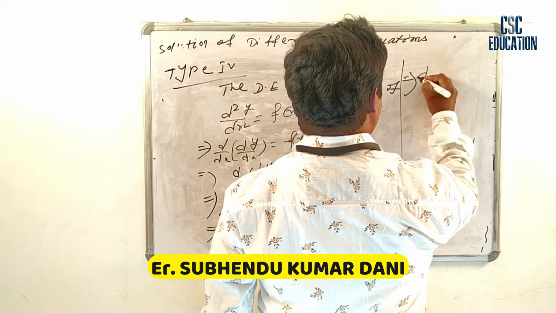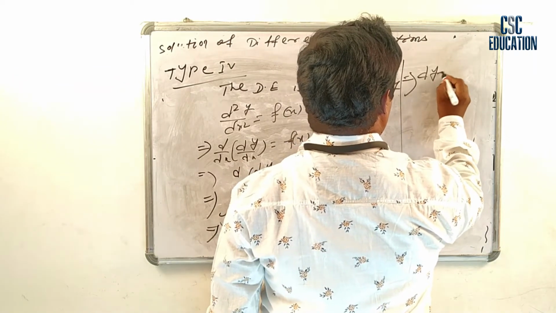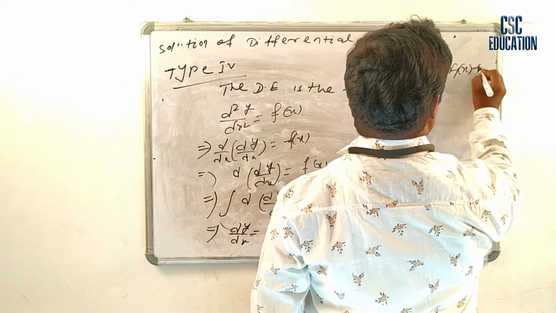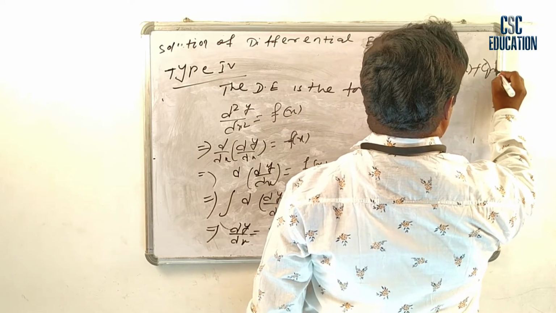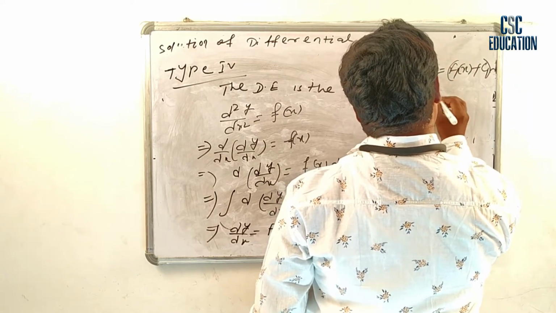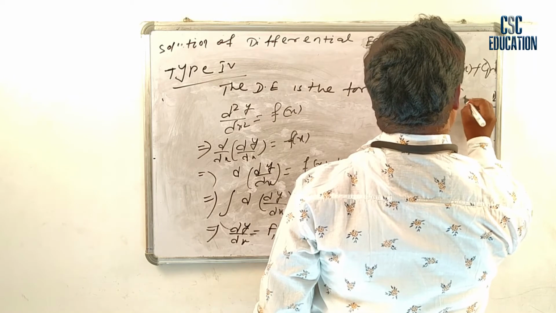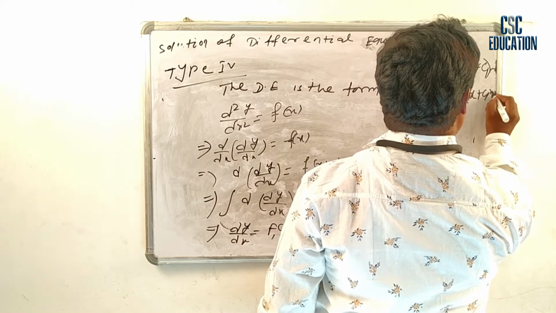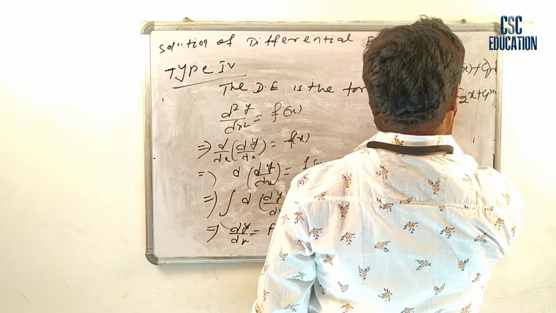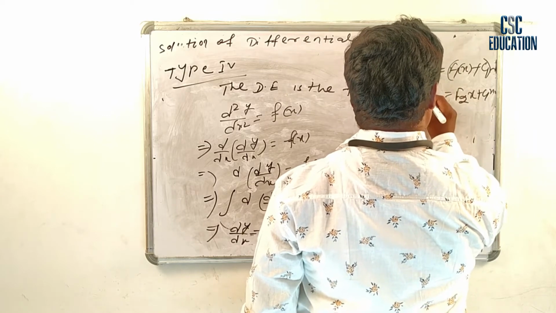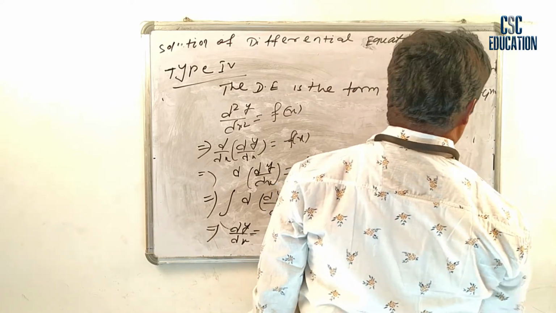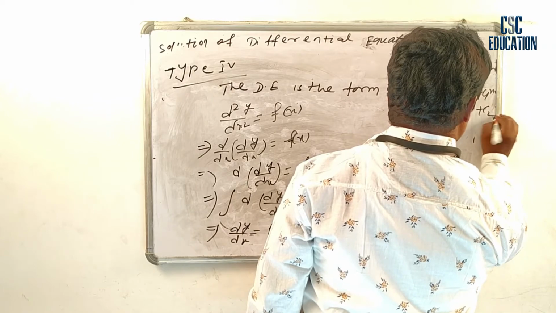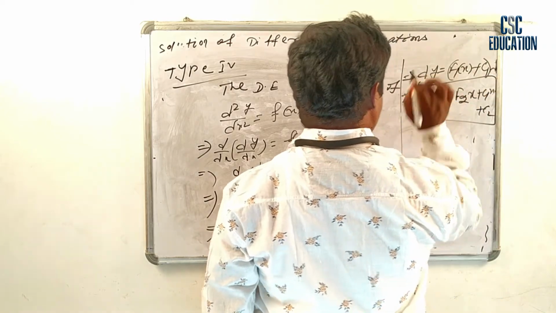Again this is converted to dy equals f1 of x plus c1 dx. Integrating both sides, y equals f2 of x plus c1 x plus c2. This is the solution of type 4.